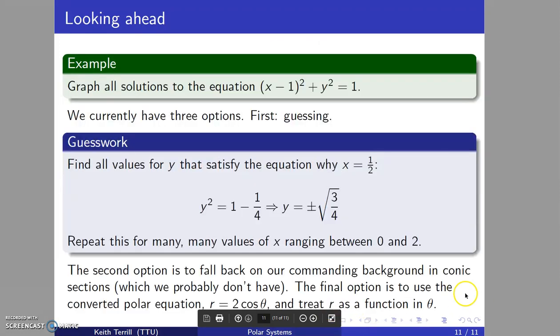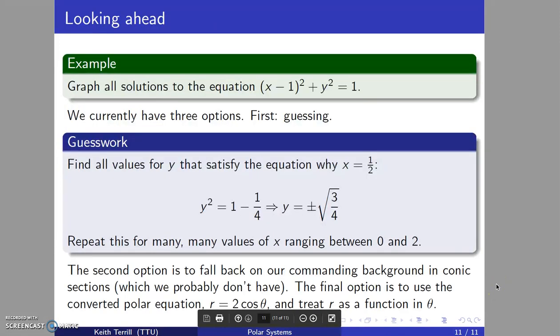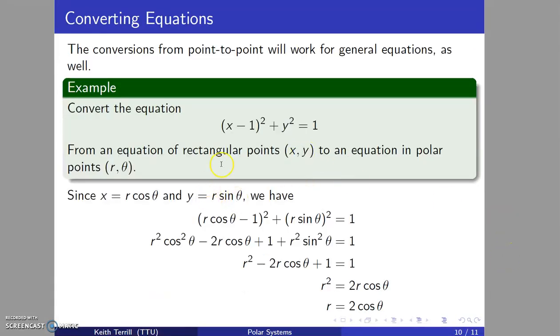Could I not treat that equation, r equals 2 cosine theta, as a function of r in theta? And yes, we can. In the next video, we will start looking at functions in polar coordinates. So we don't have to just do what we've done here. We don't have to just convert equations. We can actually convert functions.